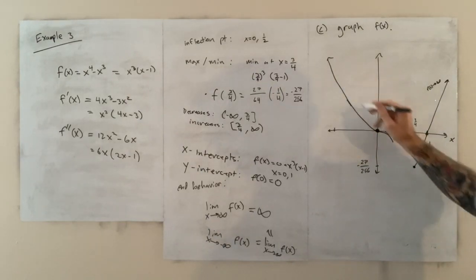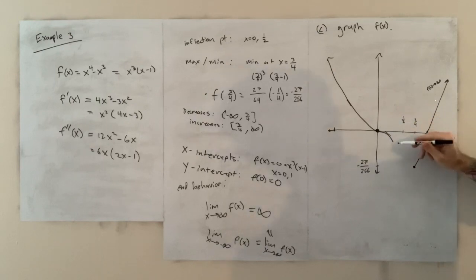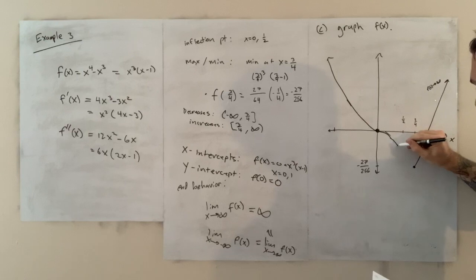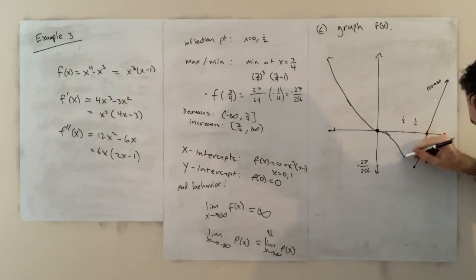And that's what happens when it crosses 0. And then at 1/2, it's going to kind of change that course again. So it's going to be decreasing, and then it's going to kind of start going this way. So if you can kind of see that, it makes that change at 1/2.